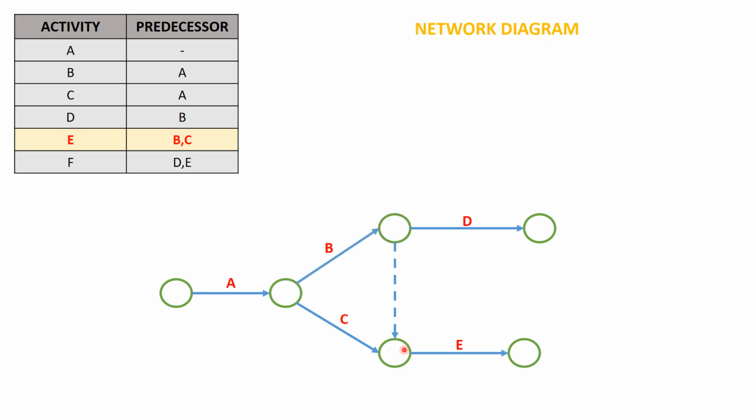Whereas at the node at the bottom, which are all the activities coming onto this node? One is activity B, which through the dummy is going to come over here. Activity B is there at this node, and the same activity I am just transferring over to this node. Also we have activity C coming onto it directly.